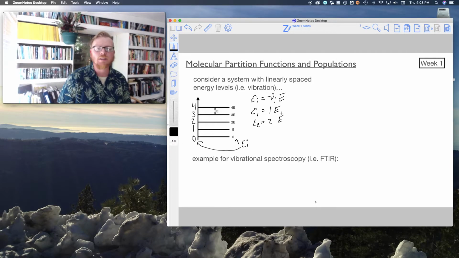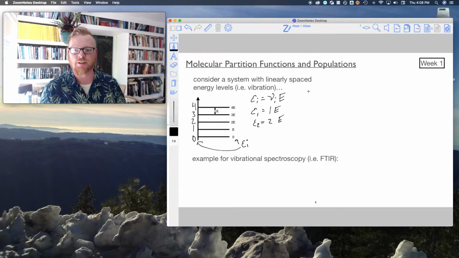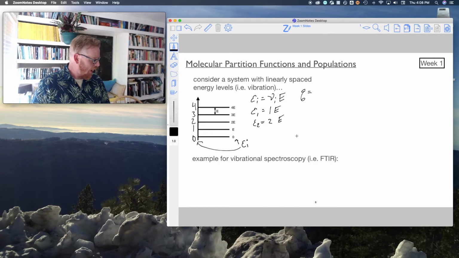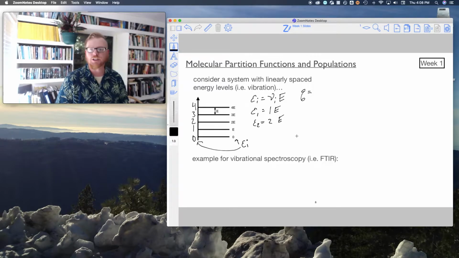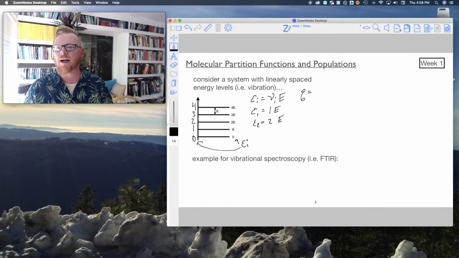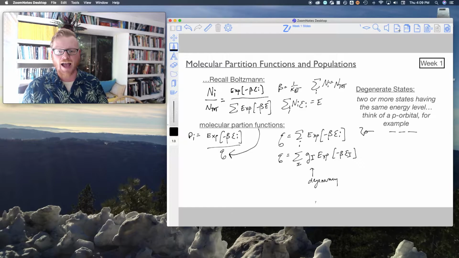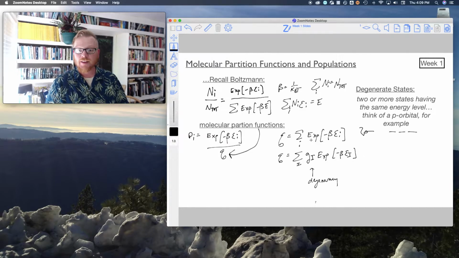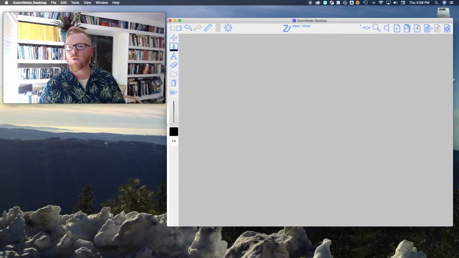So now let's build up the partition function for this system. I'll start by writing Q equals. We know our partition functions have this form, this exponential of negative beta times the energy.